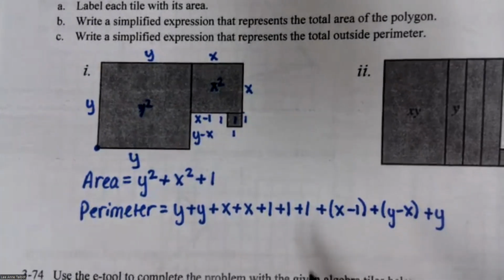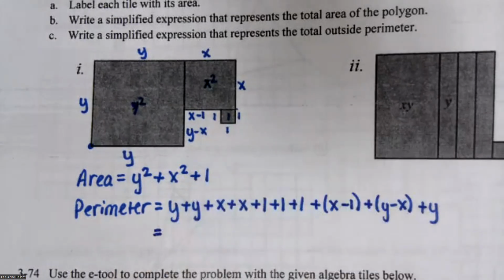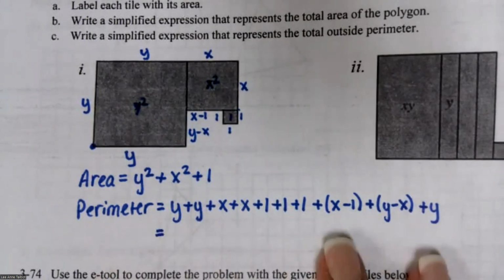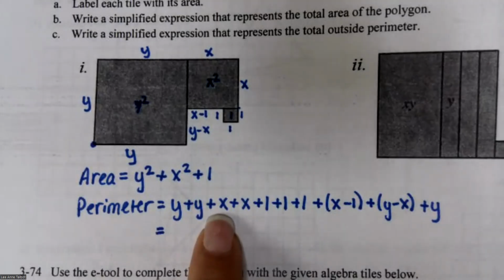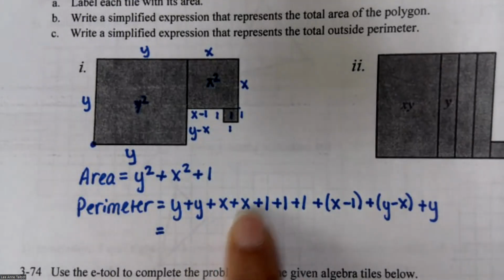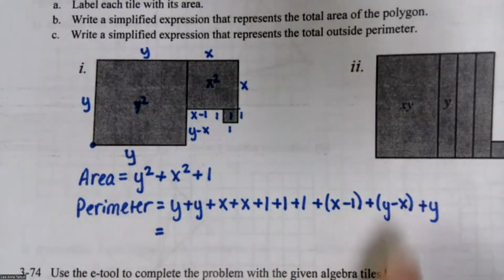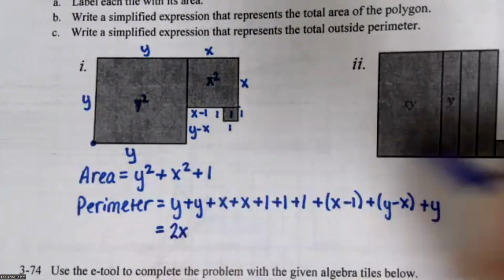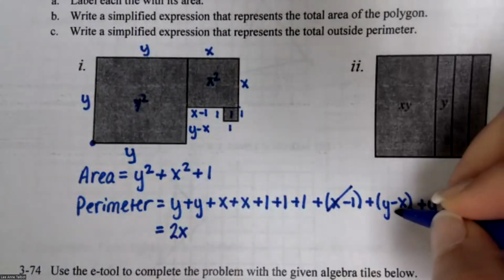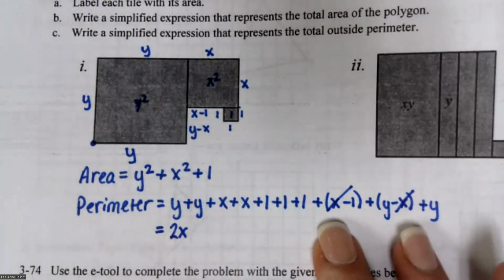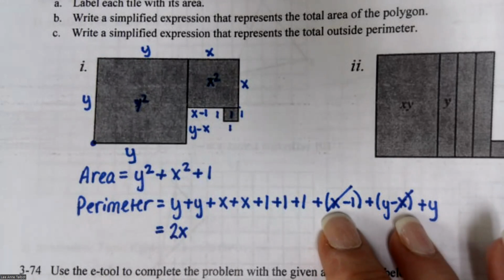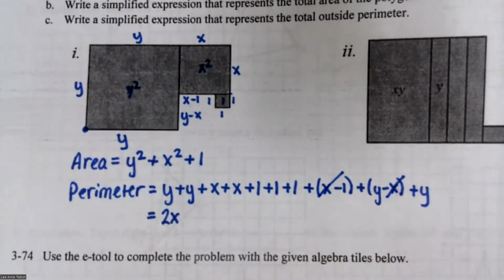Okay, now we're going to combine like terms. How many x's are there written down on my paper? 1, 2, 3, and then I have to minus 1, so that's 2. If you want to, you can show that you canceled one of the x's out with the negative x there, if that helps you.